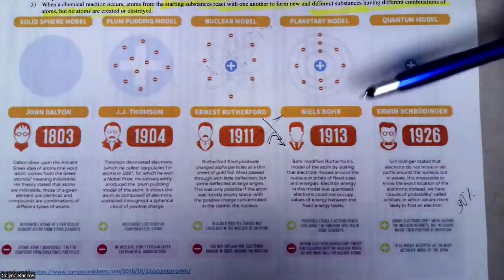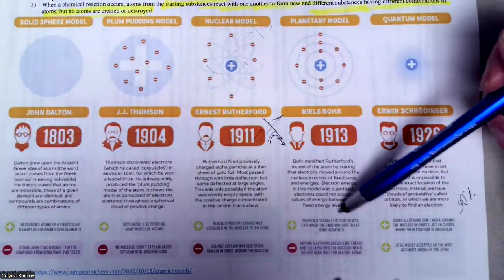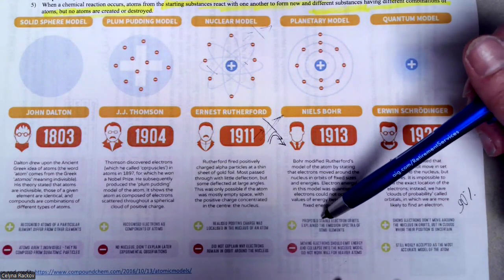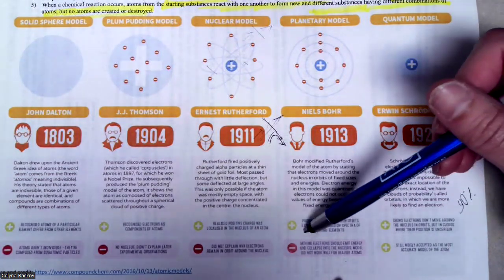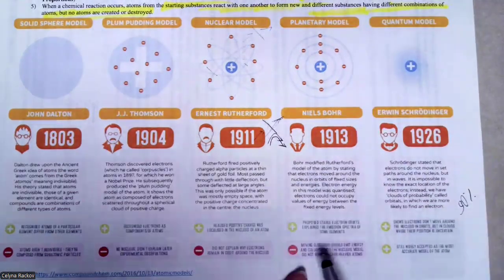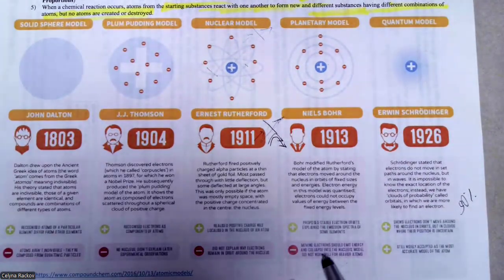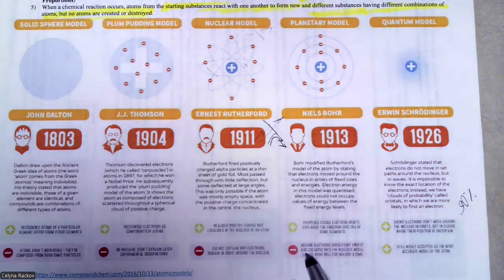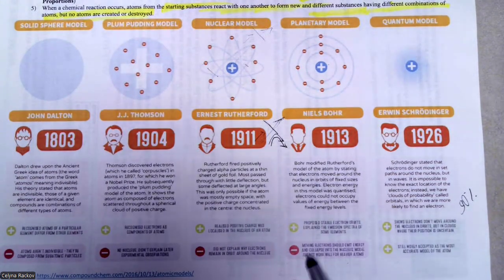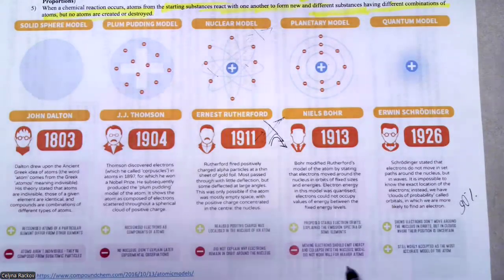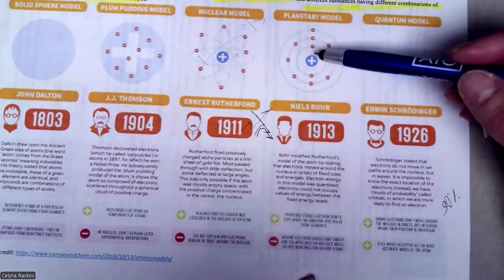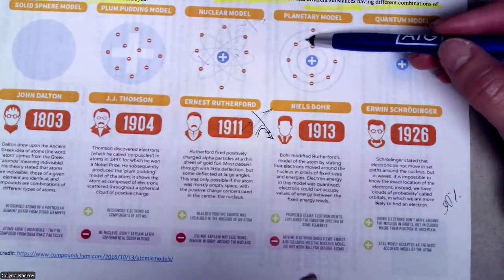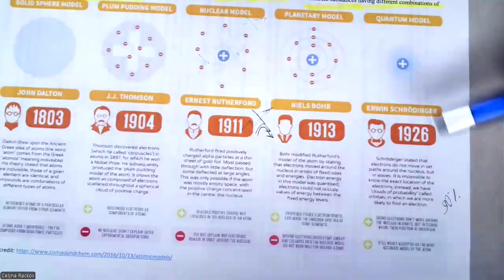The positive was that the proposed stable electron orbits explain the emission spectra of some elements. But the negative was that moving electrons should emit energy and collapse into the nucleus, so the model did not work well for heavier atoms, because with heavy atoms the electrons around would collapse into the nucleus.